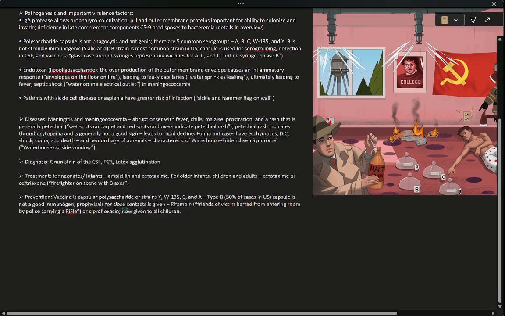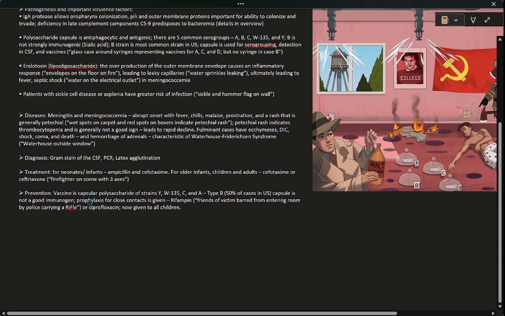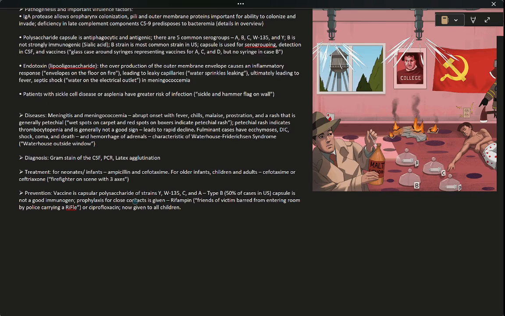And then also, for prophylaxis, it can be given for anyone who is going to be in close contact situations. And these will involve utilizing the rifampin or the ciprofloxacin medications. Note that the ciprofloxacin is a fluoroquinolone.